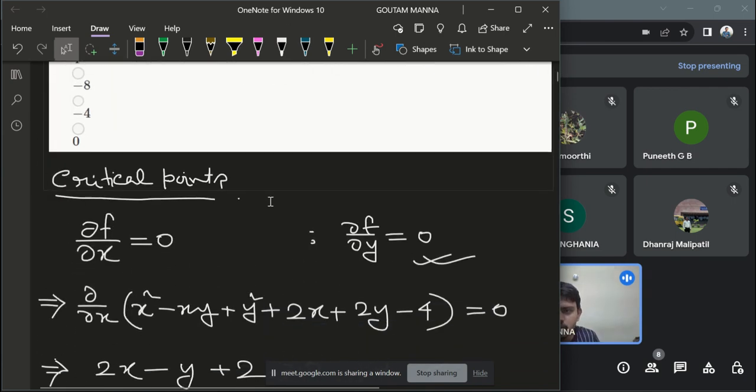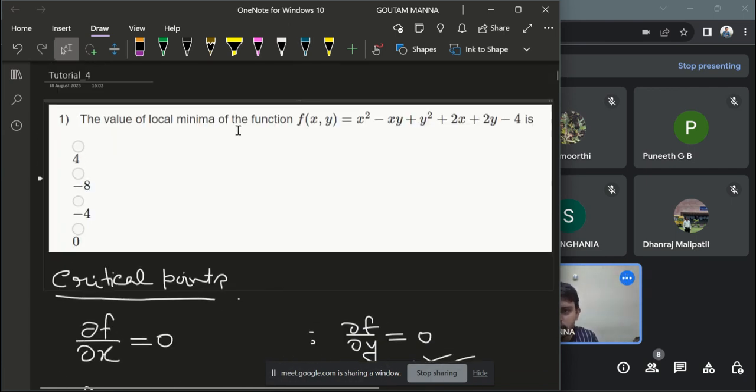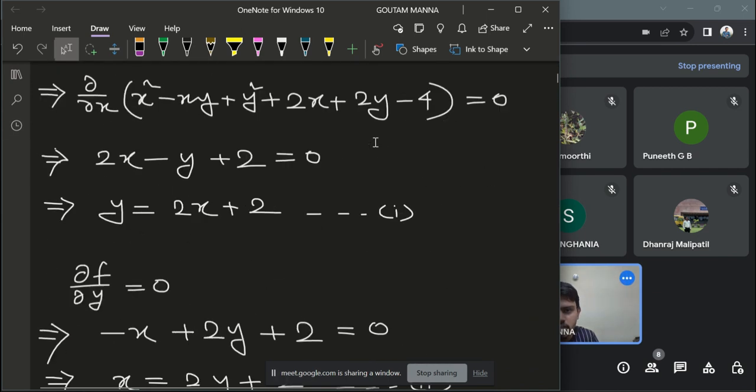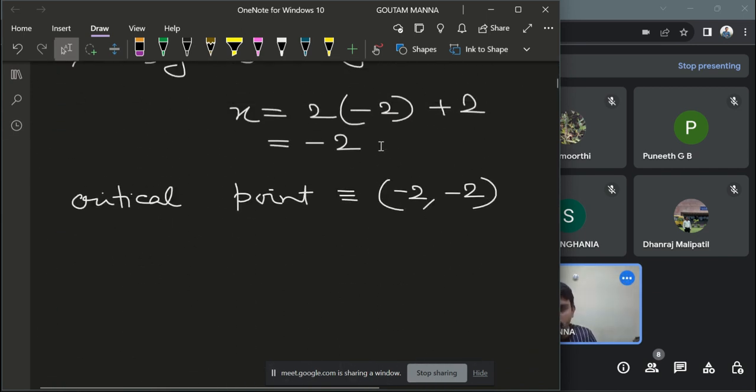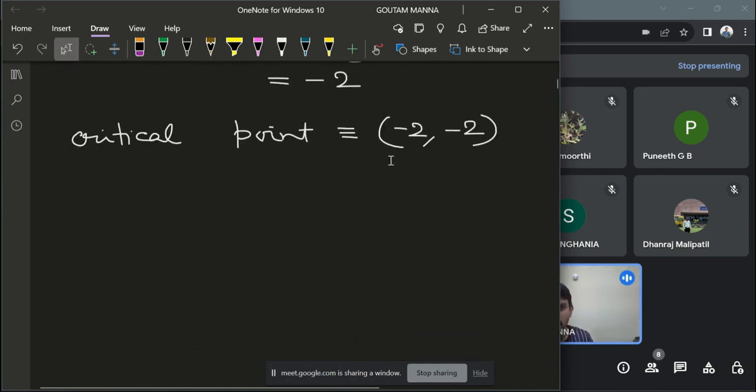Now we need to check whether that point is a local minimum of this function. For that we need to find the discriminant at this critical point.